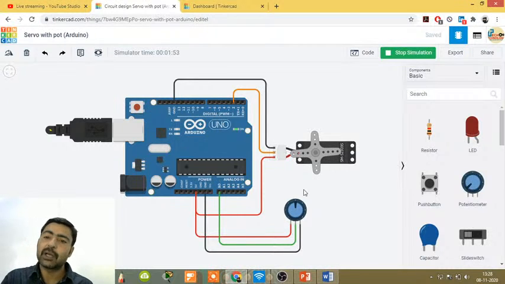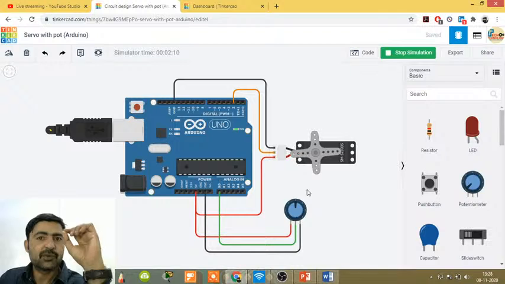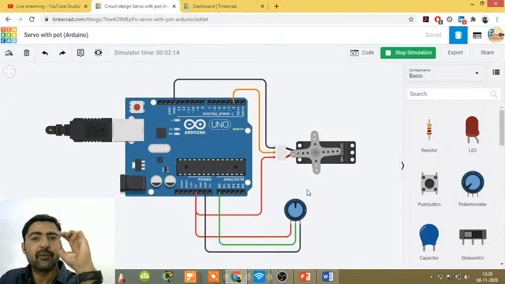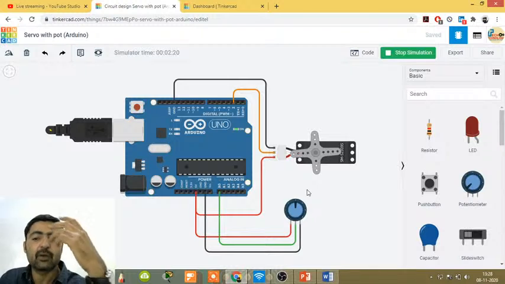It doesn't matter whether you are using Arduino Uno or Arduino Nano, the way of interfacing will remain the same, the way of programming will remain the same, and even if you are interfacing some other sensors, the way of interfacing will remain the same. Sensors will have 2 points for powering, one ground and one 5 volt, and there may be one output pin for digital or analog.